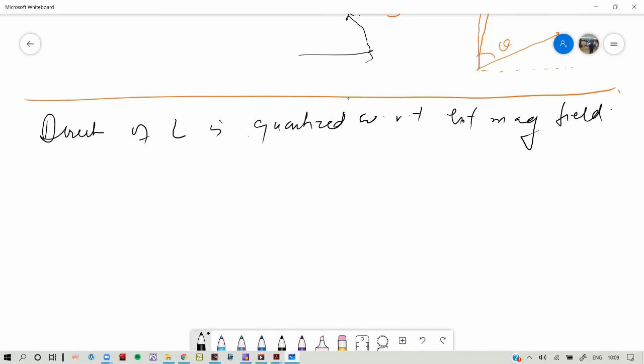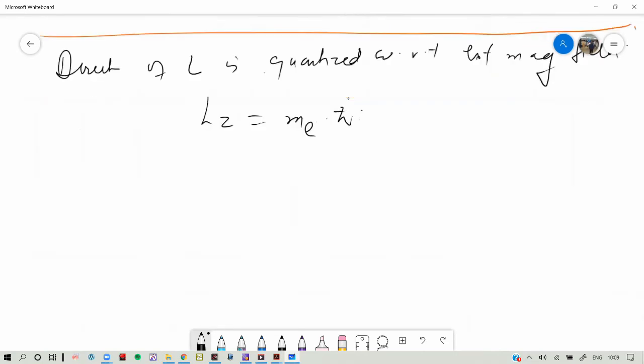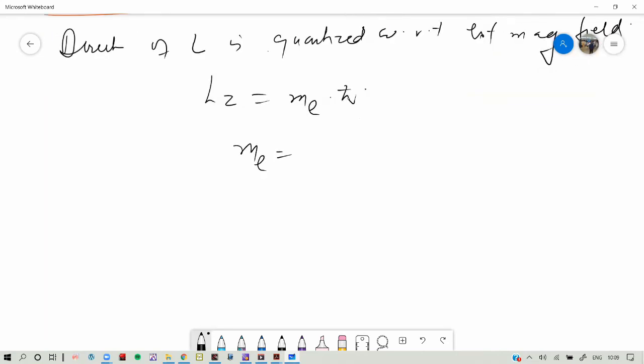That means it can take particular values of L in external magnetic field. We cannot say that it can have any value, but it takes integral values, like Lz is equal to ml into h cut, where ml has the values L, L minus 1, through 0, to minus L plus 1, minus L. So I can write it as 0, plus minus 1, plus minus 2, up to plus minus L.